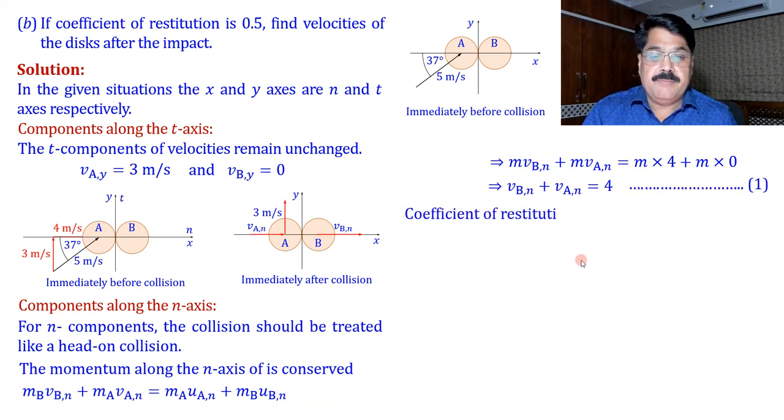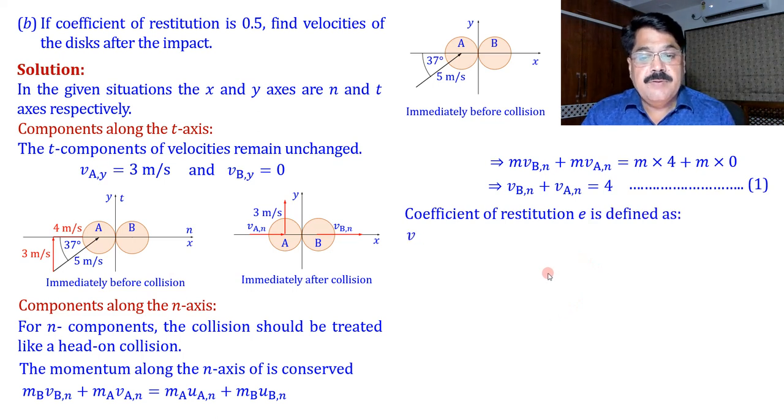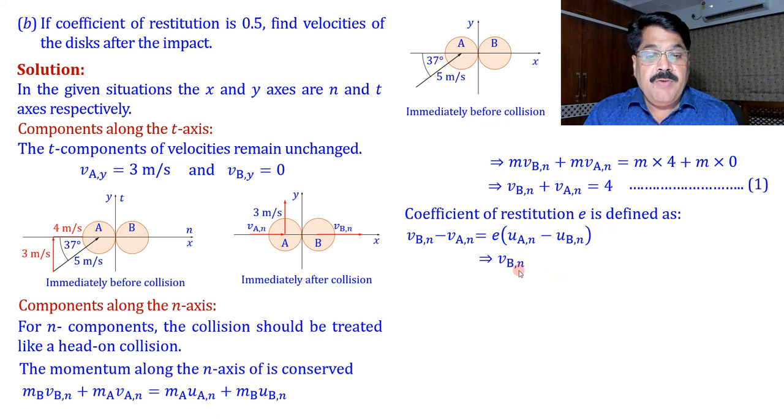Coefficient of restitution is defined as Vbn minus Van is equal to E times Uan minus Ubn. Now we substitute the values. Vbn minus Van is equal to 0.5 into (Uan was 4 and Ubn was 0, so 4 minus 0). So here we get 2.